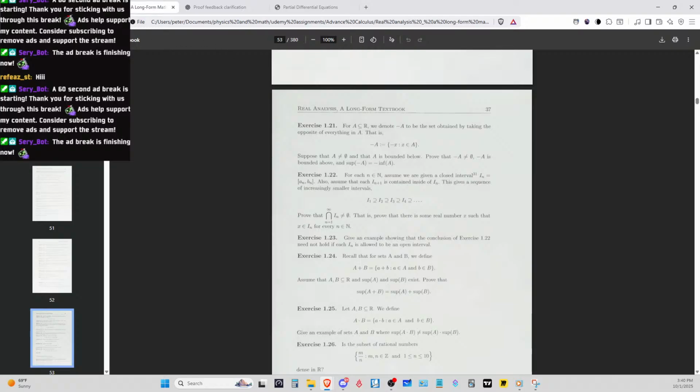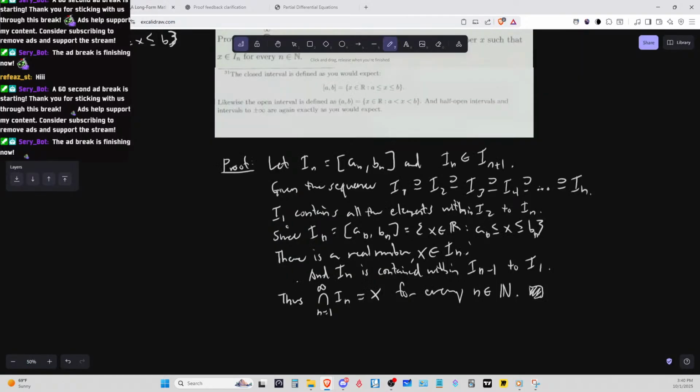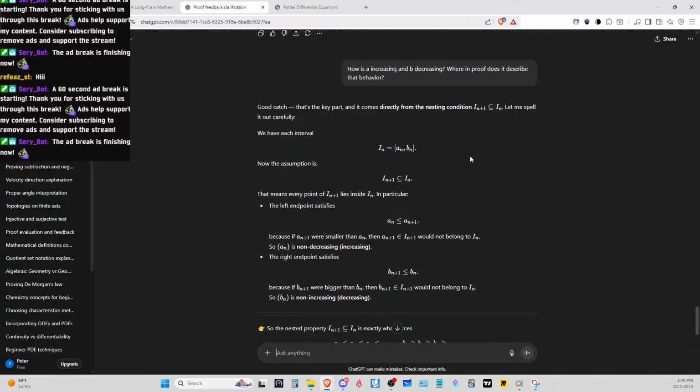Yeah, because it doesn't really show where B and A are different in values. That's the one thing I'm not understanding here.